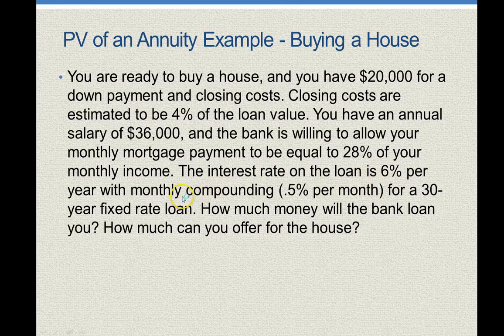Here we have monthly compounding, but the 6%, by convention, the interest rate given is always in annual terms. We call that the annual percentage rate, or APR. If you have applied for credit cards in the past, the interest rate offered by the bank for your credit cards most likely is going to be APR. So APR is the quoted rate.